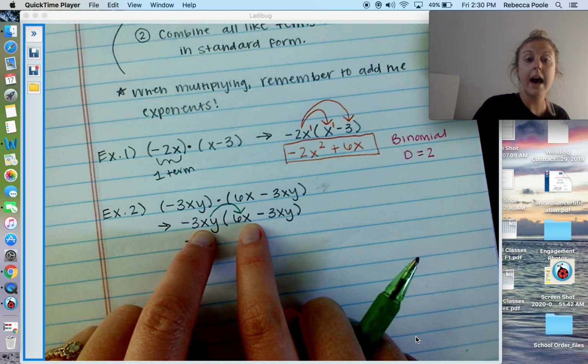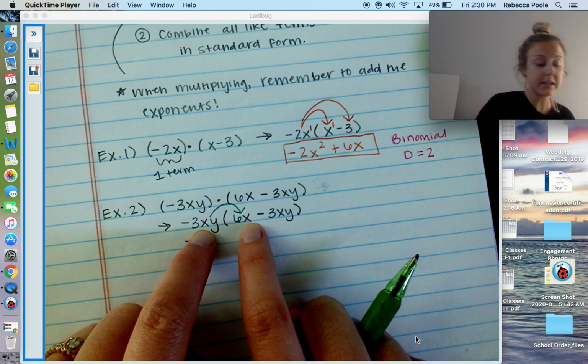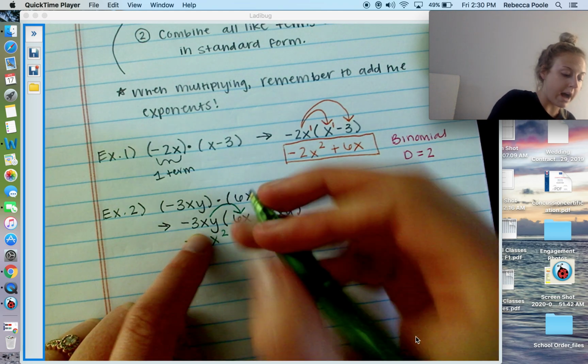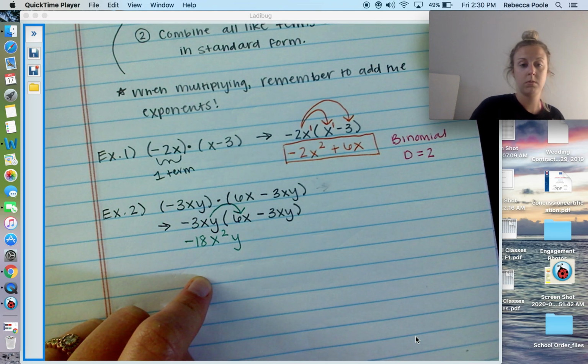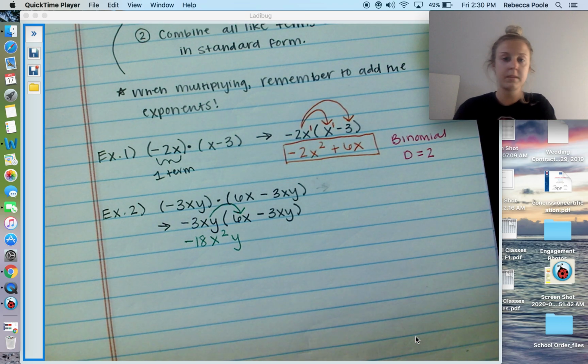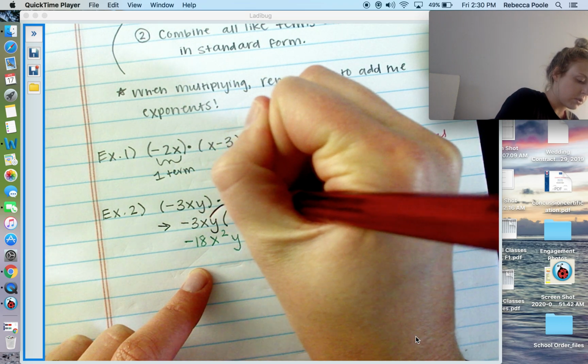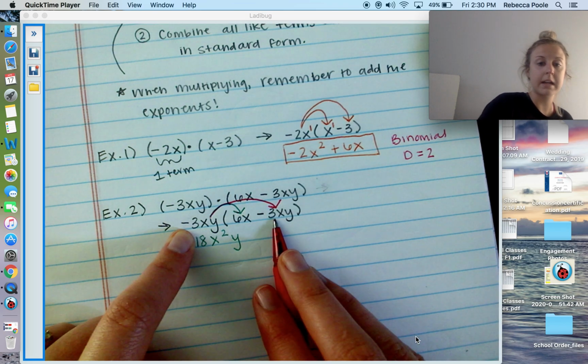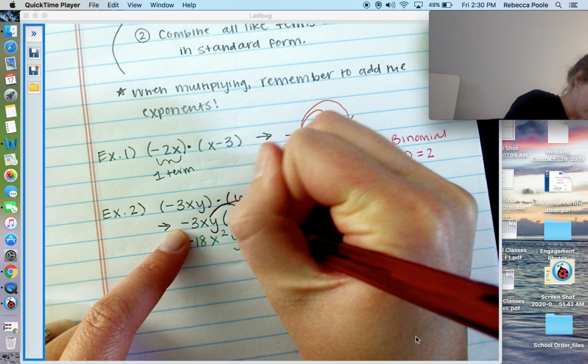We now have two x's, good. So this would be x squared, and then there aren't any other y's, so we're just going to bring this one down, okay? Now we also have to multiply it to the second term right here. So now I've got negative 3 times negative 3, which is positive 9.